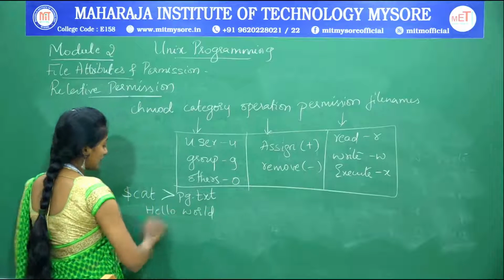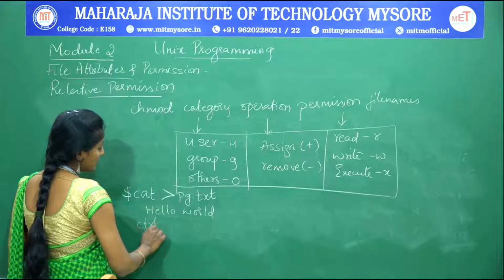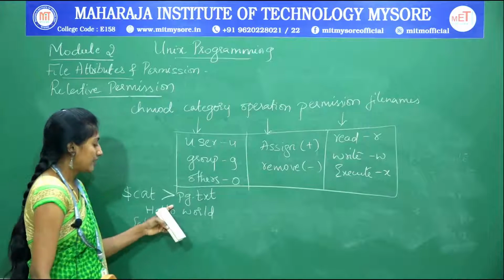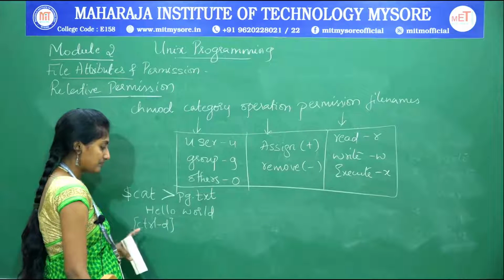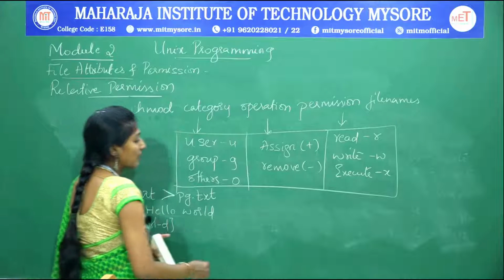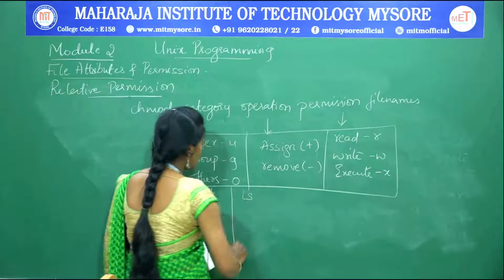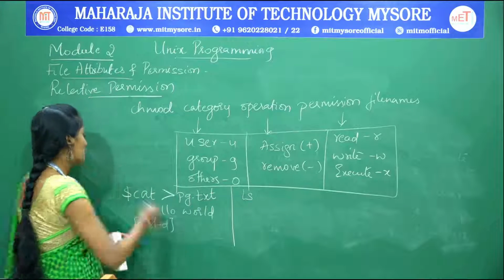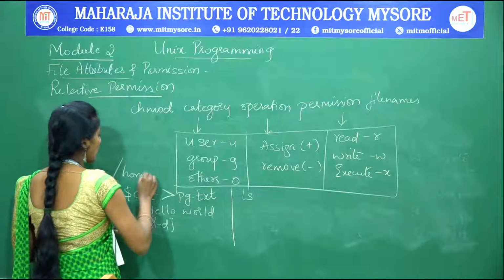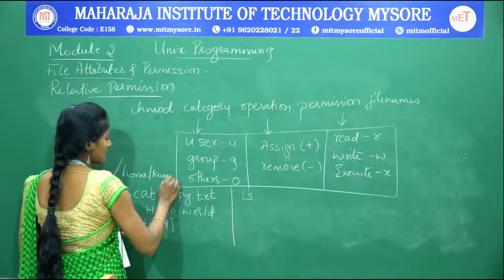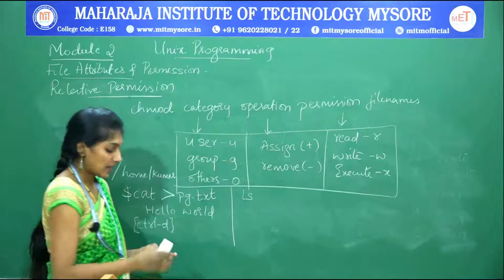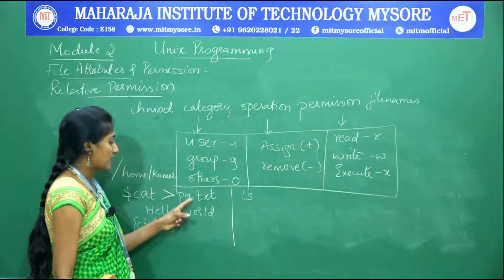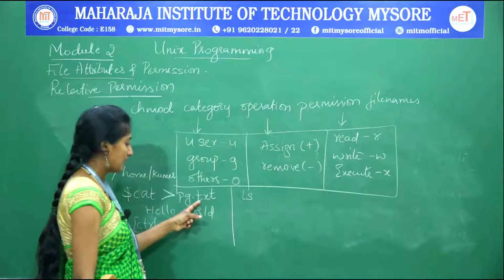For coming out of it, just press Ctrl D. Now I want to check the permission of this pg.txt file. Assume that you are under the directory home/Kumar, and under this Kumar directory the pg.txt file has been created.